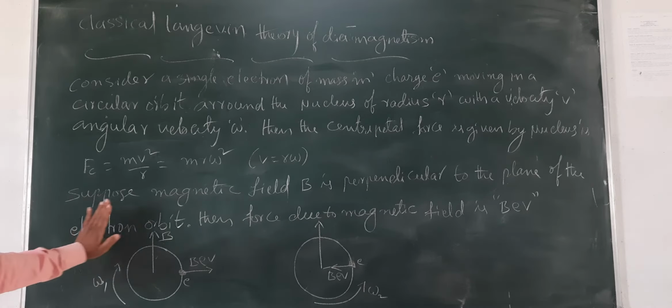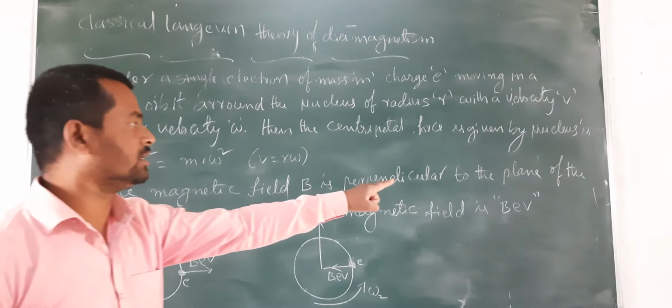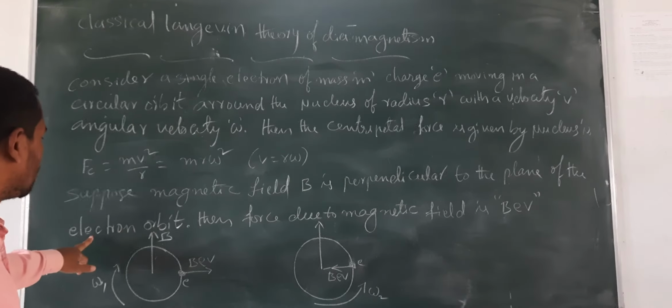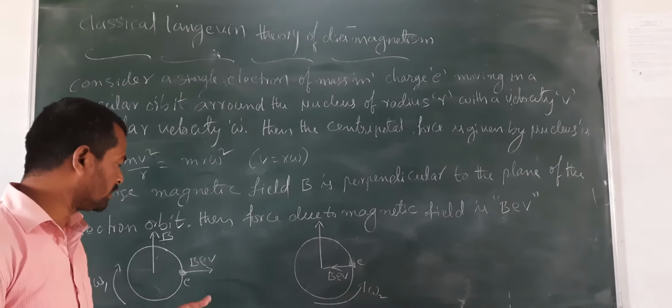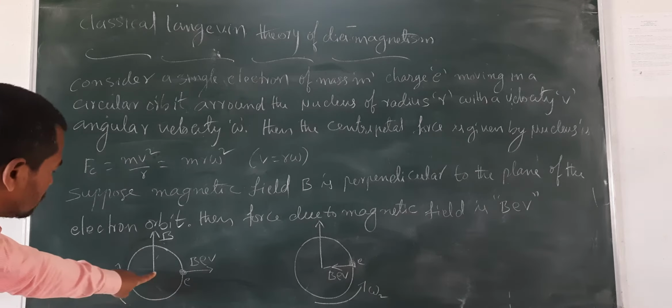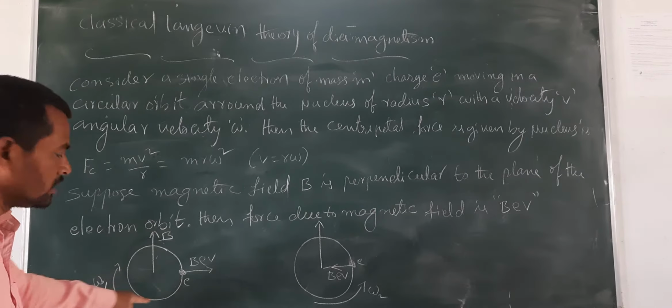Next, suppose a magnetic field B is perpendicular to the plane of the electron orbit. What is the meaning of the plane of the electron orbit? The nucleus may be present here, and the electron is revolving in this direction.